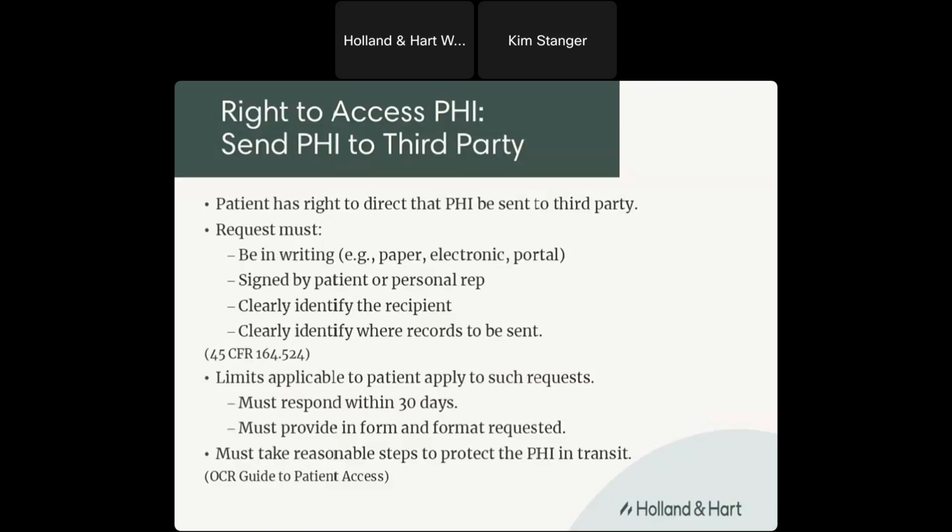They just need to give you a request in writing that's signed by the patient or the personal representative that clearly identifies the recipient and tells you where to send those records. As long as those records are in electronic form, you've got to go ahead and send those records per that patient's request. This is part of the request to access, so you've got to respond within the 30-day time period, and you've got to provide it in the form and format requested.